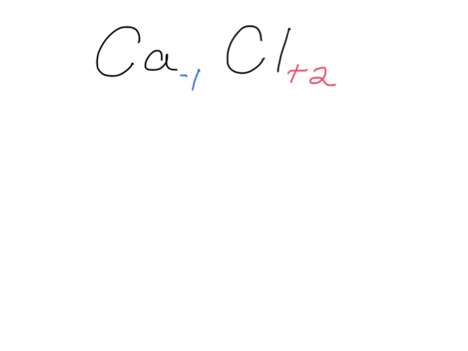So obviously we don't want to leave the formula looking like this, so there's a few things that we can do to change it. One of the items that we can do is that we can eliminate the negative and positive signs. So now we're left with Ca1Cl2. Another item that we can do that is not necessary in this formula is we can eliminate the number 1 when it's a subscript.